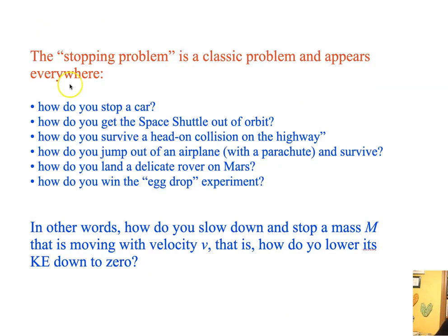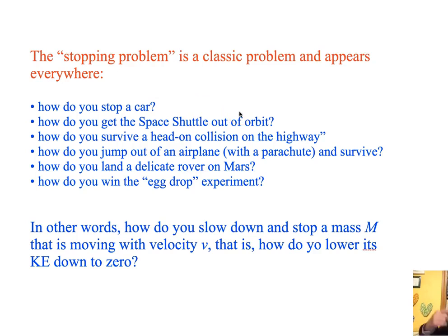Okay. Now, this problem of putting your brakes on and coming to a stop over a skid distance s, that's a classic problem. That's called the stopping problem. It appears everywhere. How do you stop a car? Well, you put a friction force on, and it brings you to stop in a certain distance. How do you get the space shuttle out of orbit? The space shuttle is many tons.